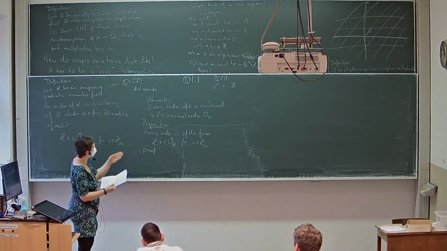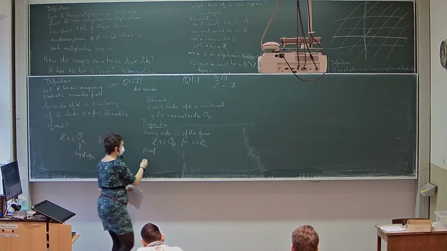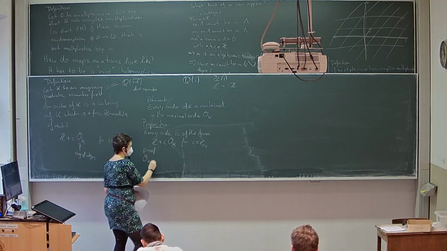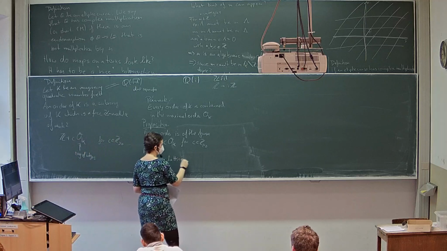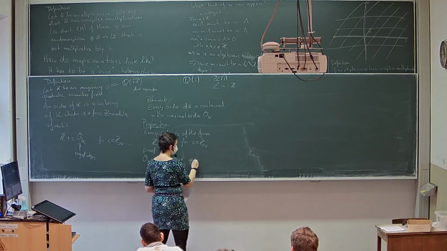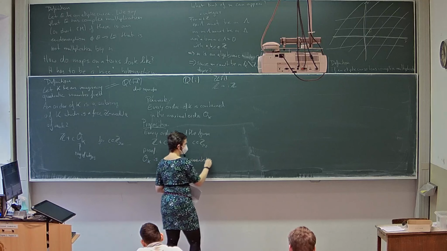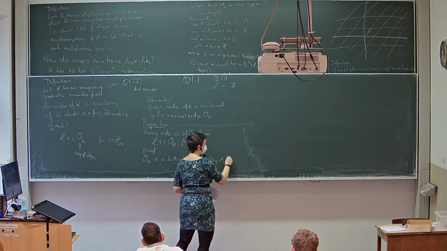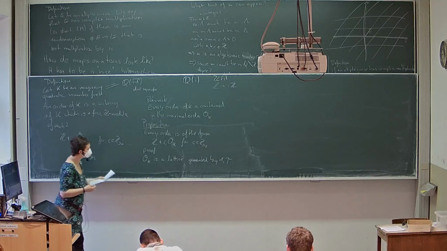So OK is a free Z module of rank 2. That means that's the lattice generated by 1 and tau. They're independent.